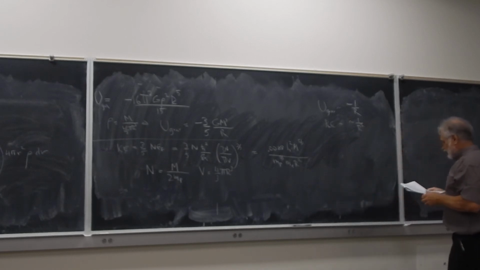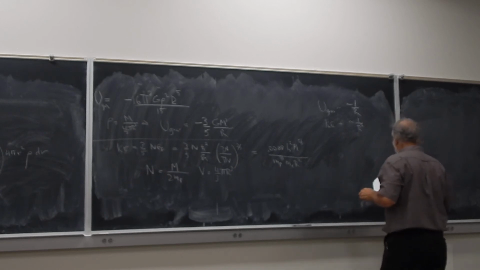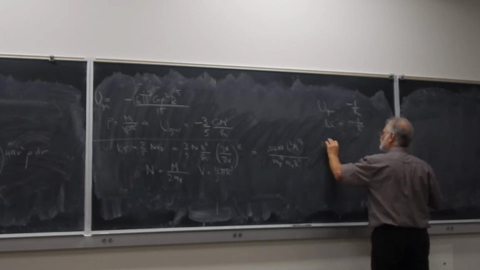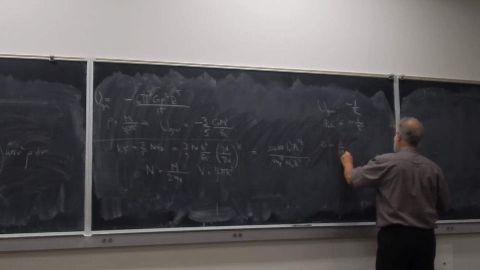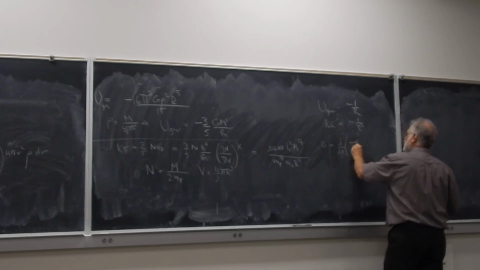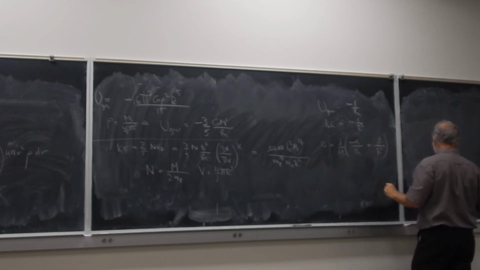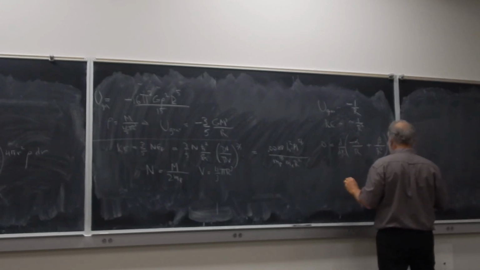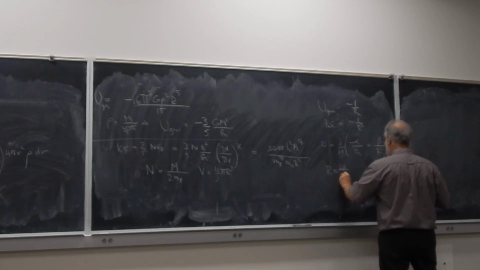So to find a minimum for the total energy, we might do something like this. Set the derivative equal to 0. We can say 0 is equal to the derivative with respect to R of minus some constant alpha over R for the potential plus another constant beta over R squared for the kinetic term. And if I do that, I solve this, I find that R is equal to 2 beta over alpha.